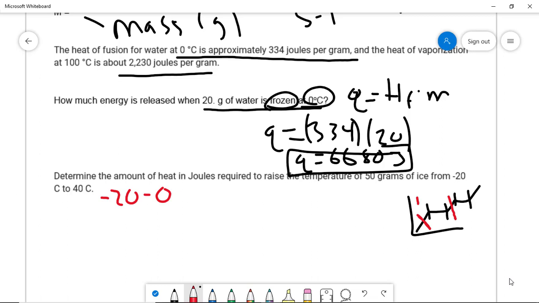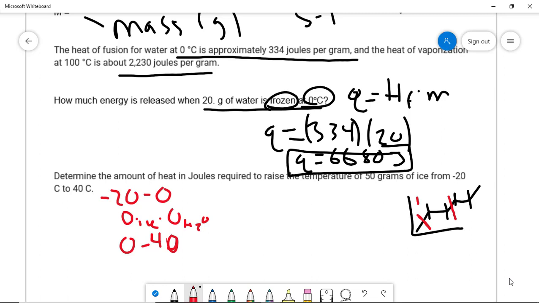The next one is going to require us to go from 0 degrees Celsius of ice to 0 degrees Celsius of liquid water. And then the last one, we're going to go from 0 to 40 degrees Celsius. So we're going to do 3 separate problems here.